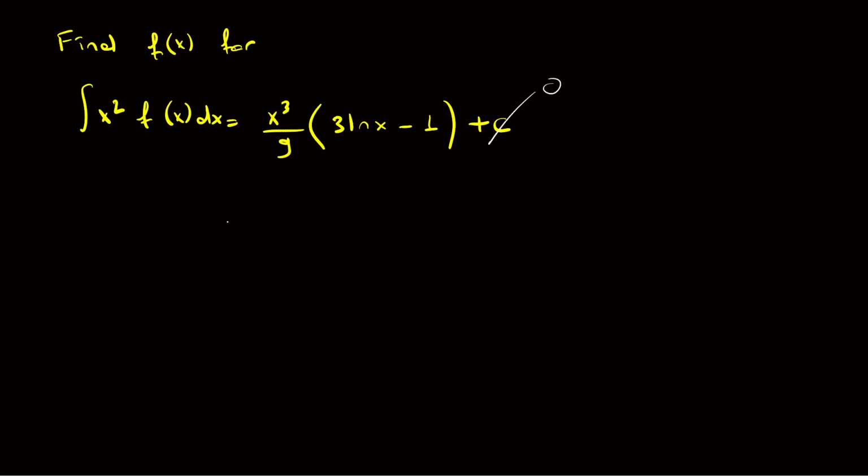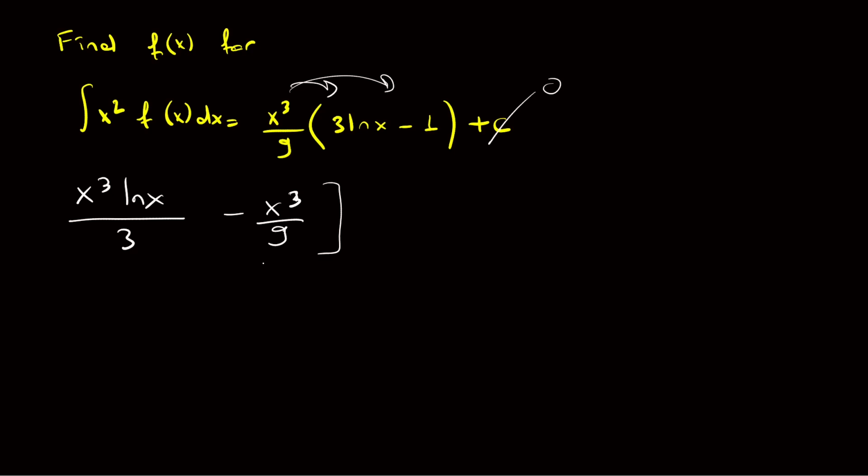Anyway, let's apply the multiplication rule first, or I can multiply 3x cubed. There's a 9 there, so we can write x cubed ln x over 3. I'm multiplying these terms, minus x cubed over 9. And I'm differentiating this.